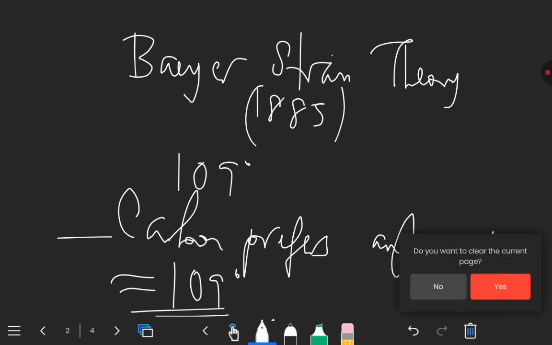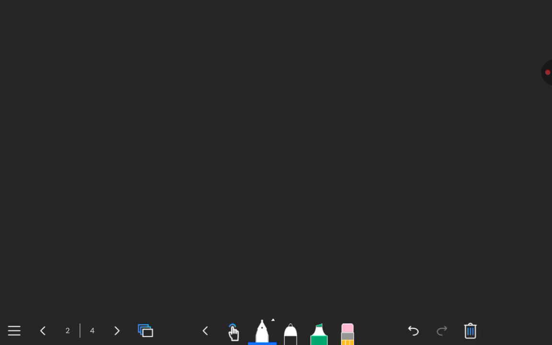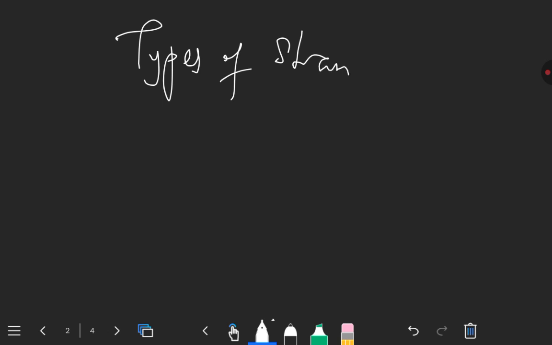Okay, so let's now look at types of strain. We have 3 major types of strain. There is what is known as angle strain. Angle strain is just the expansion and compression of the bond angle away from the most stable angle.